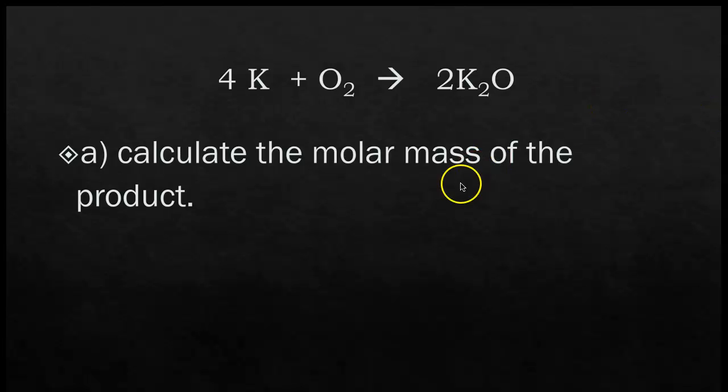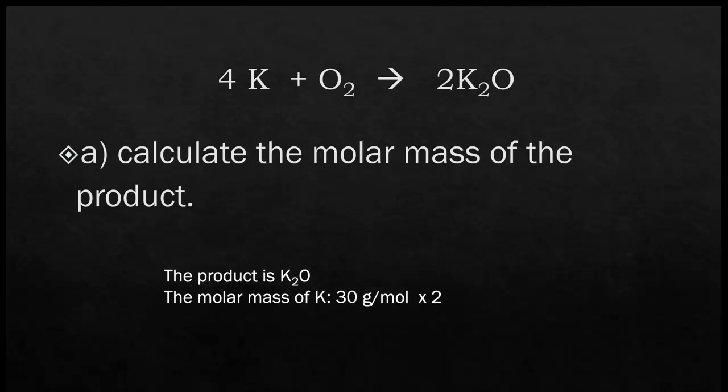And so in order to calculate the molar mass of something, I need my periodic table, which I just happen to have in front of me. Then I've got to look at what elements I have. And so I can see that I've got K, and the molar mass of K is, oops, and that is a typo. The molar mass of K is actually 39. And we're going to need to multiply that by 2.